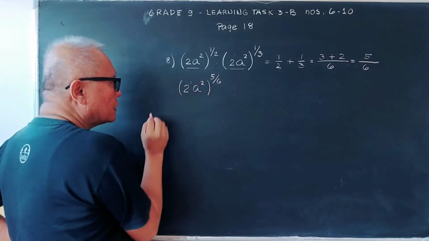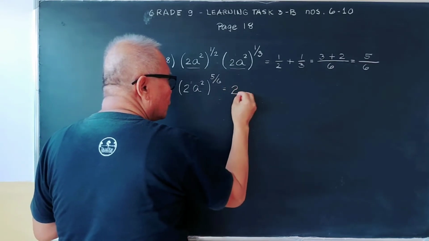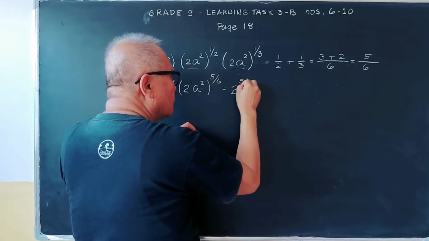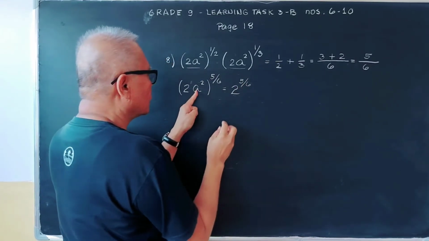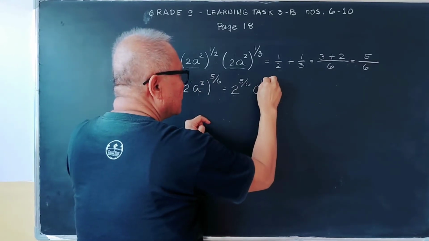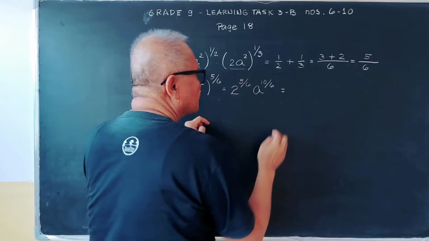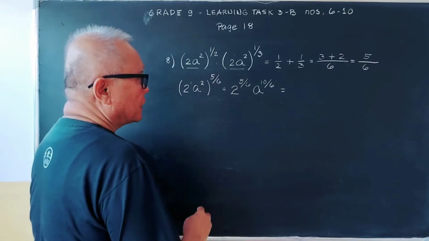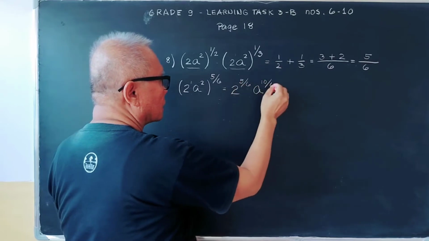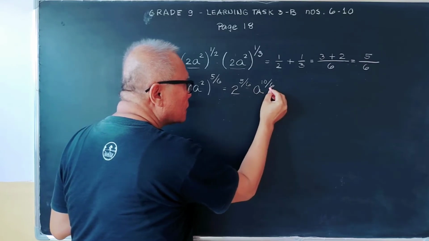Ito ay may 1 na 2 to the first. So, we have 2. 1 times 5 over 6 is 5 over 6, o 2. So, ito ay a, 2 times 5 is 10 over 6. Then, magkatapos niya, 6th root ito, 2 to the 5th. Okay, a to the 10th. So, makikita natin dito, class, ito ang 6, ito ang 6.